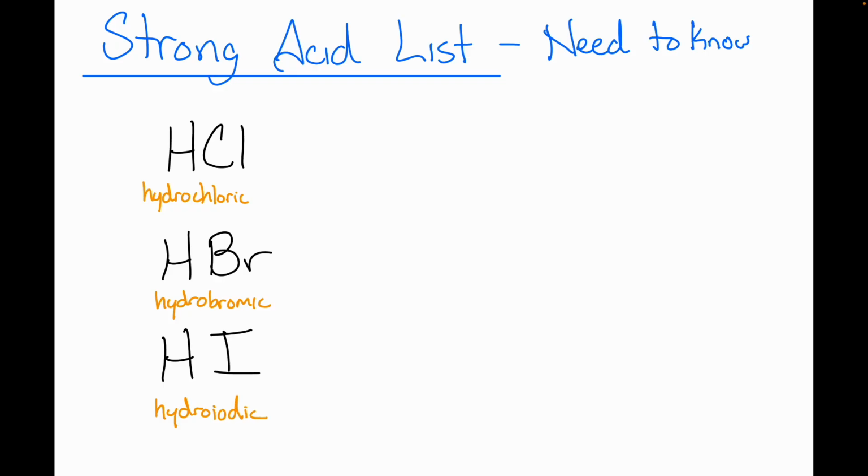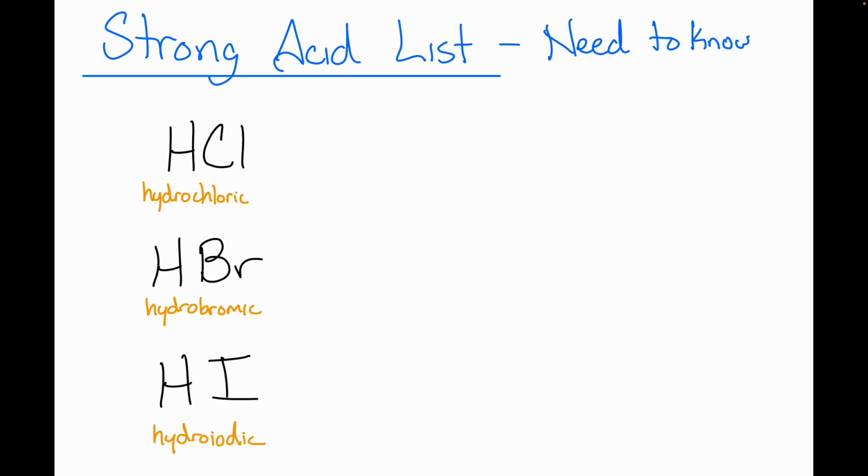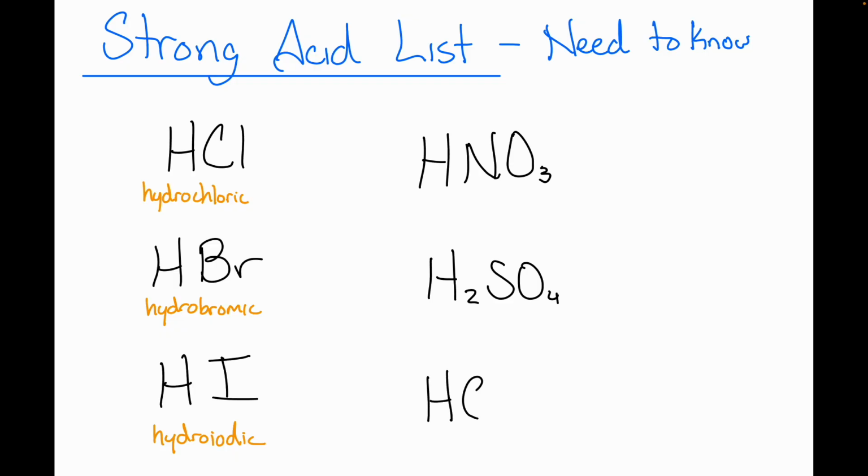All right, so hydrogen paired with one of those halogens. The other ones are hydrogen paired with these polyatomic ions: HNO3, H2SO4, and HClO4.